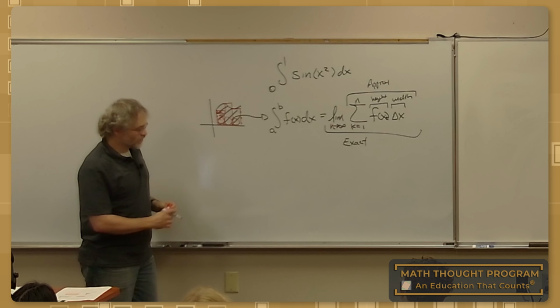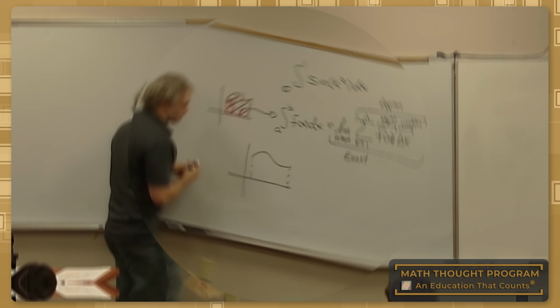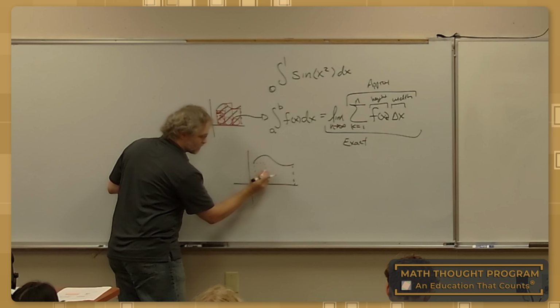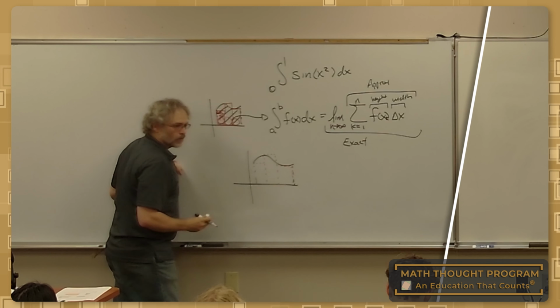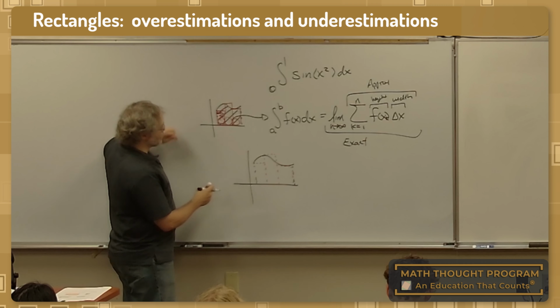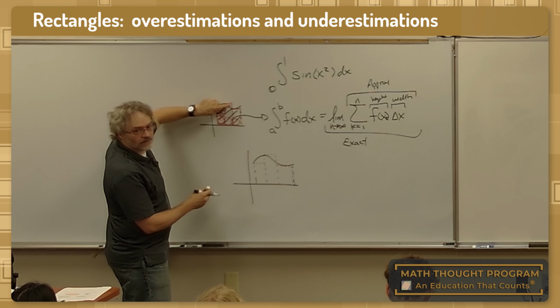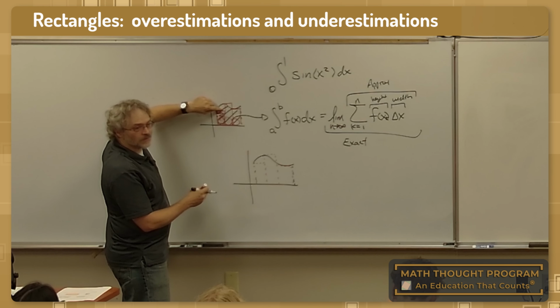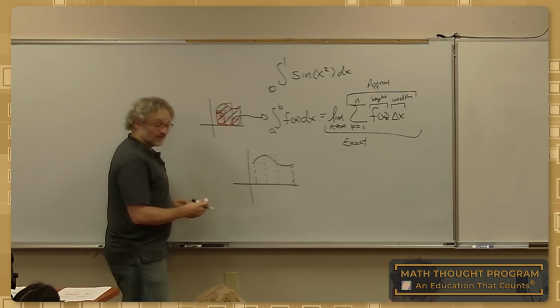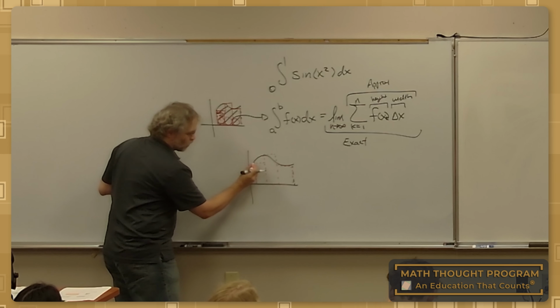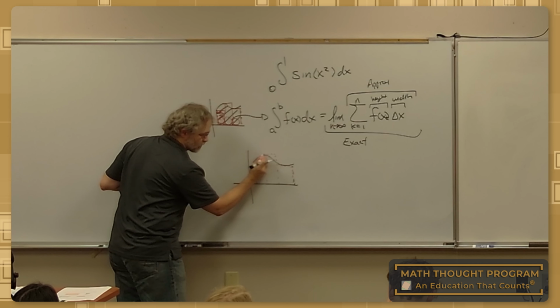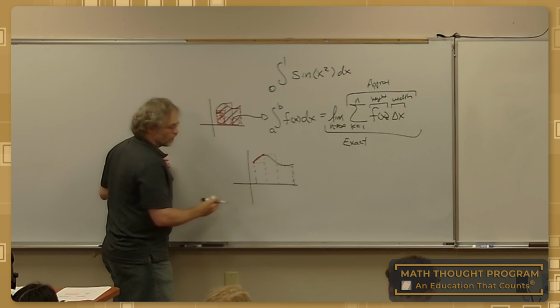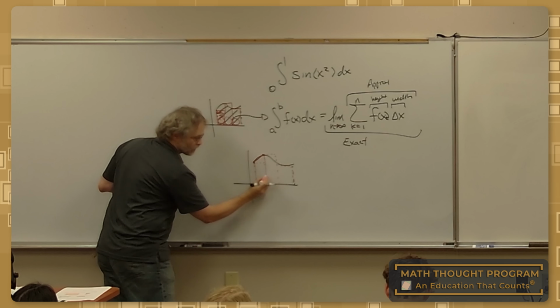So a shape that would better fit the curve: yes, I can definitely use a bunch of rectangles, but I have a bunch of over approximation and a bunch of under approximation. So to fit the curve better, why not make a beeline and go right there, and look at that object?